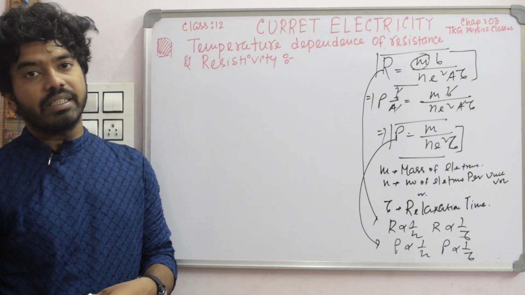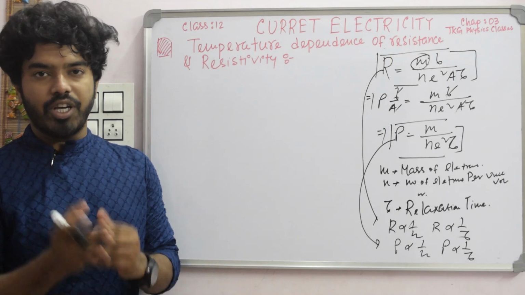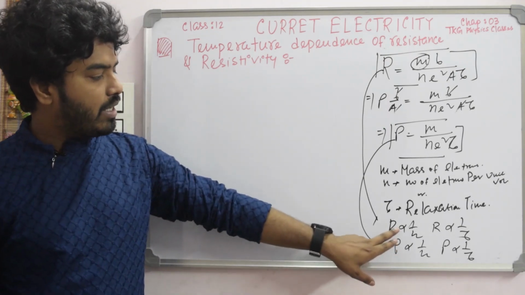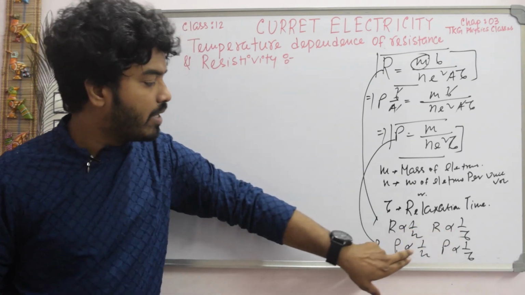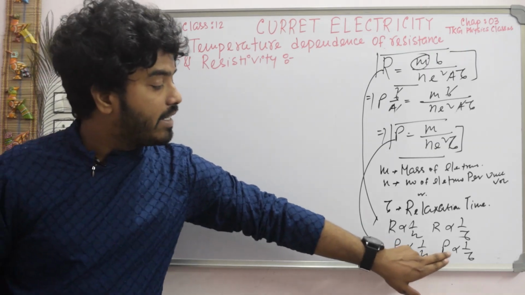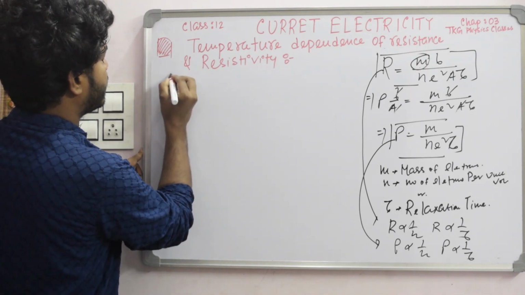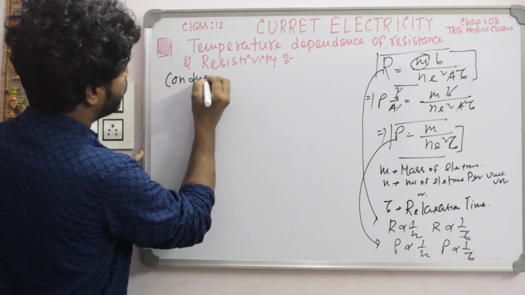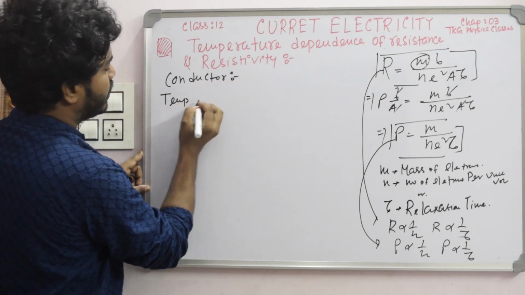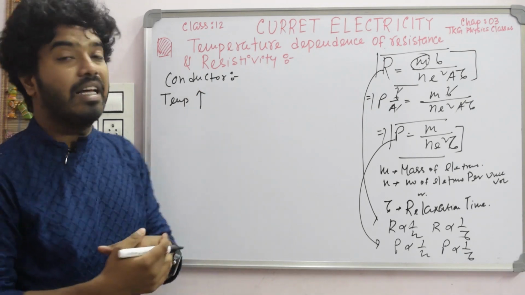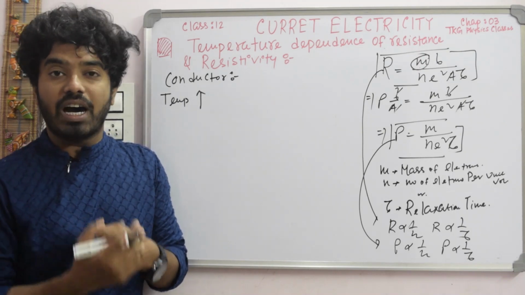Now we will check the dependence of resistance and resistivity in the case of a conductor. This is the main formula: resistance is inversely proportional to n, and to tau, the mean relaxation time; resistivity is inversely proportional to n and to tau. Now check it for a conductor. All of you know, for a conductor, when temperature increases, the thermal energy increases.